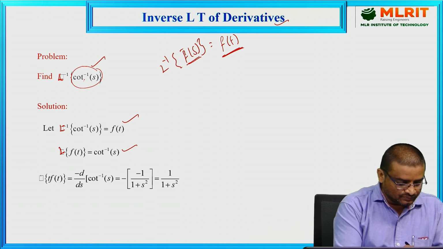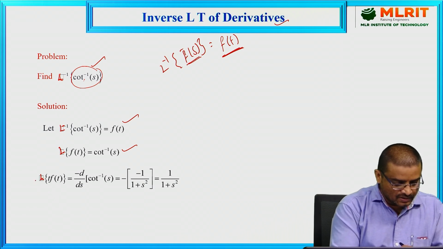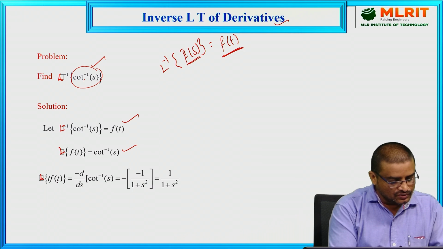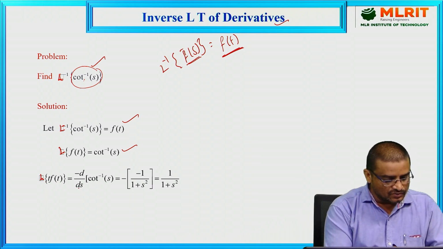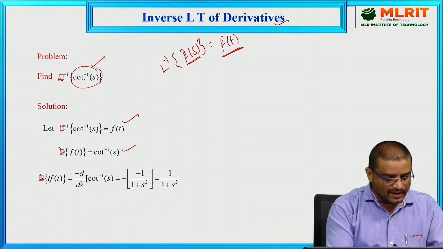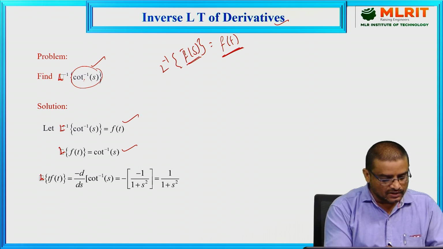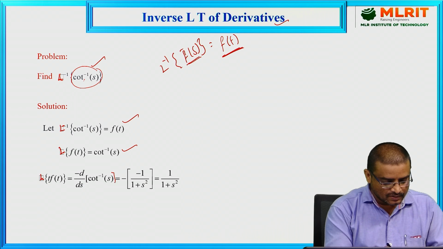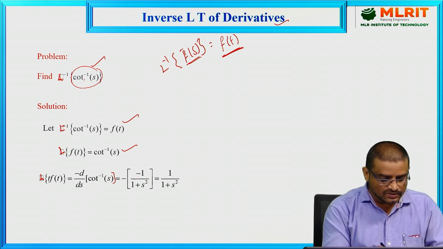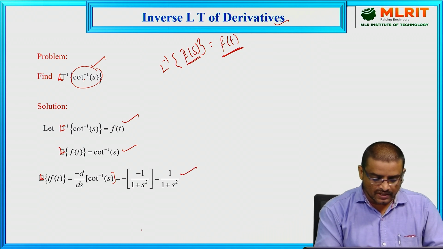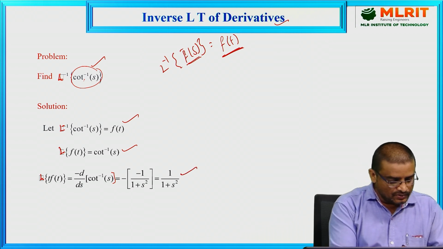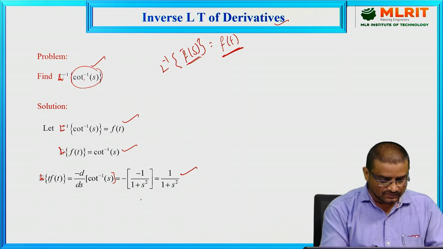So now we have the formula: Laplace transform of t into f of t is equal to minus d by ds of cot inverse s. The derivative of cot inverse s is minus 1 by 1 plus s square, so that is 1 by 1 plus s square. Now you send this to this side.